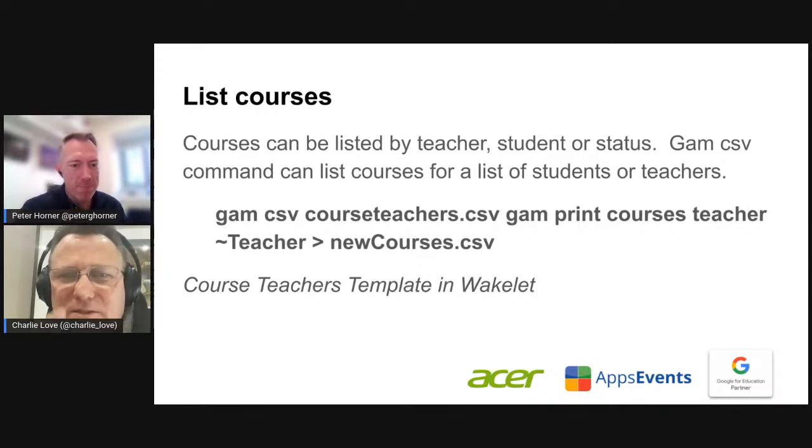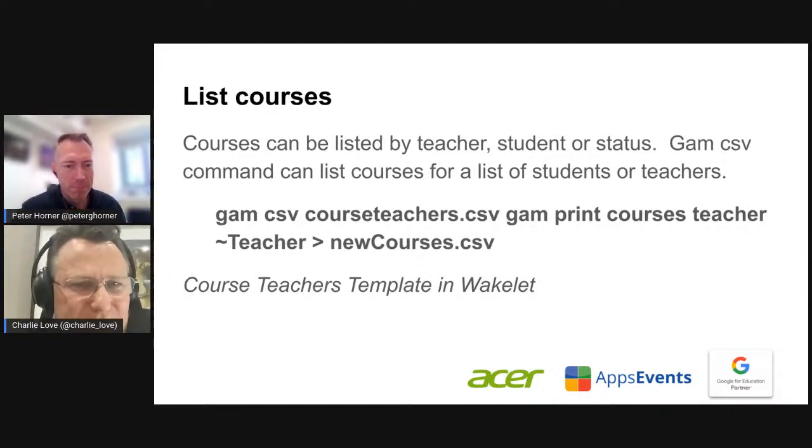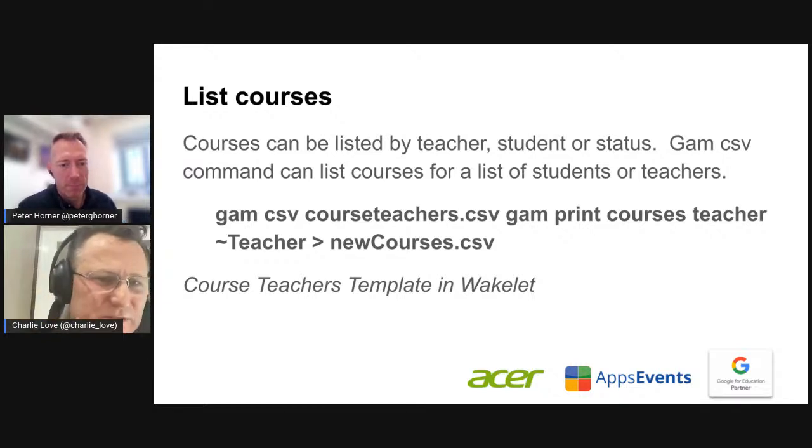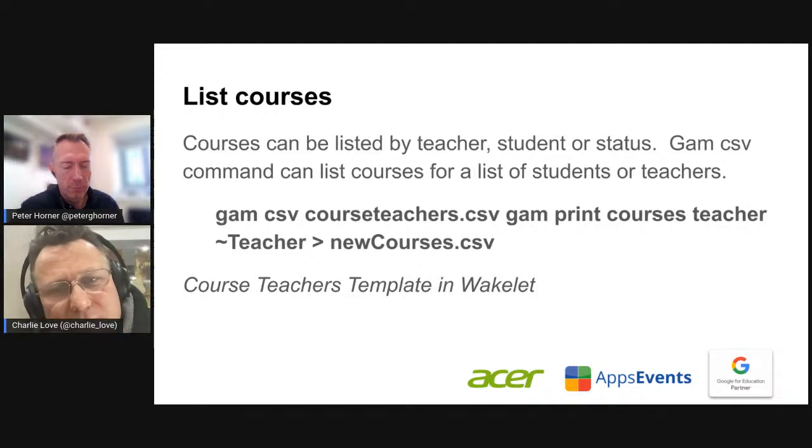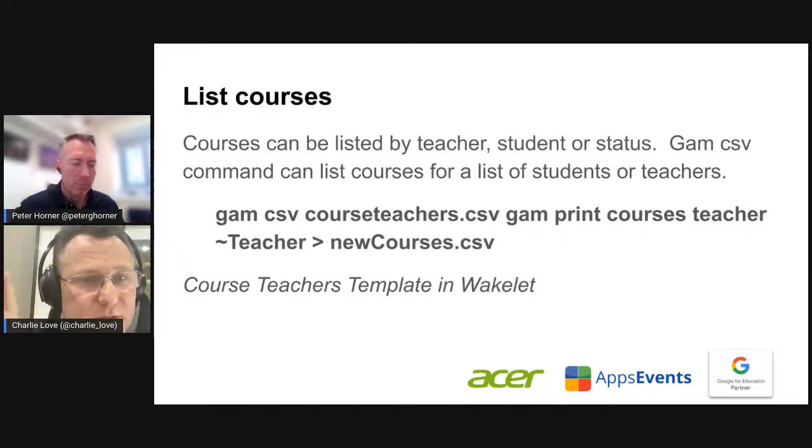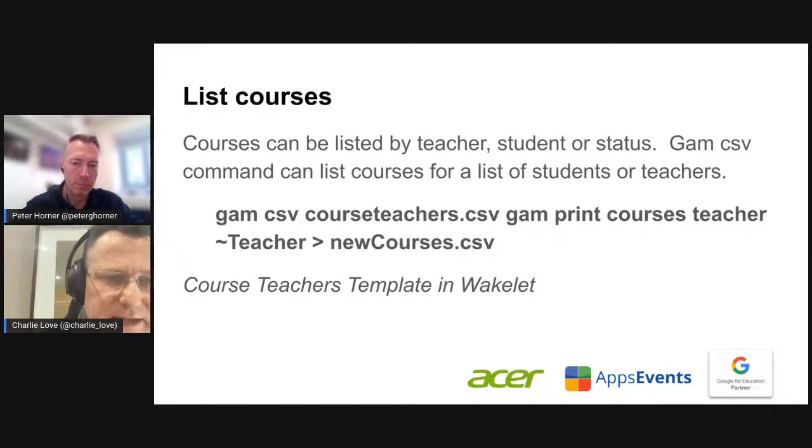Yeah, so I think this is being able to list out and see what individual teachers have. You can do that with this setting, and this also works with students as well. So if you change gam print courses teacher and the teacher's email address to gam print courses student, you'll get a listing out for that student as well, which is neat.